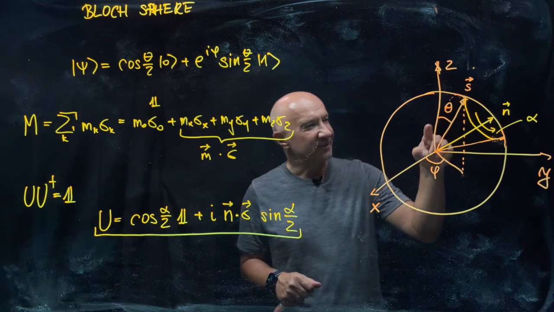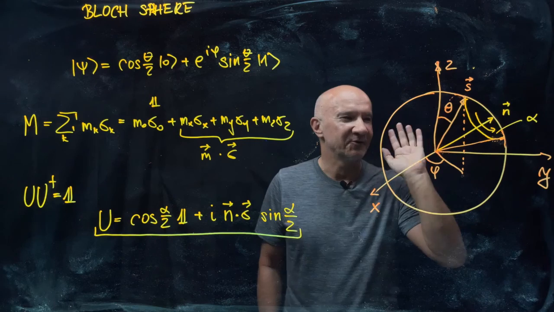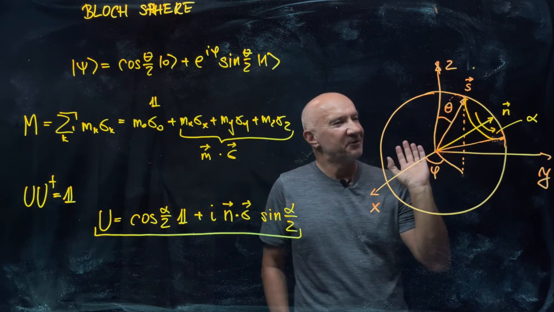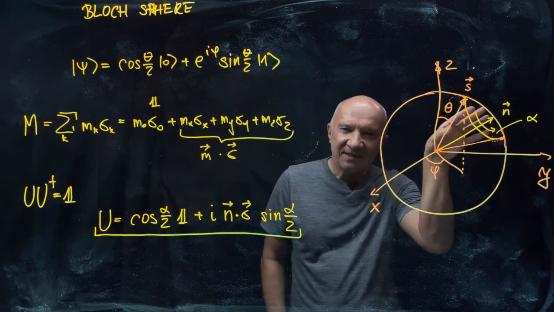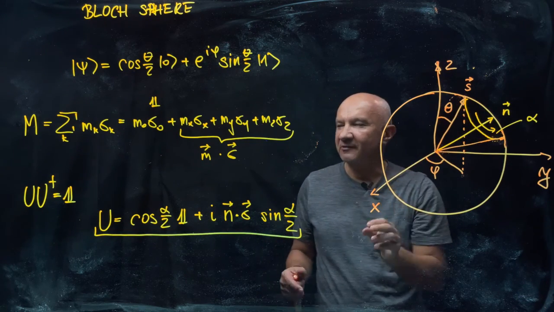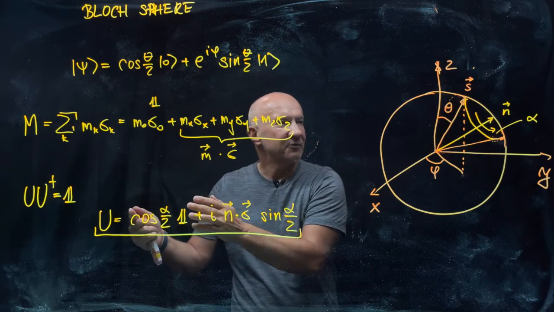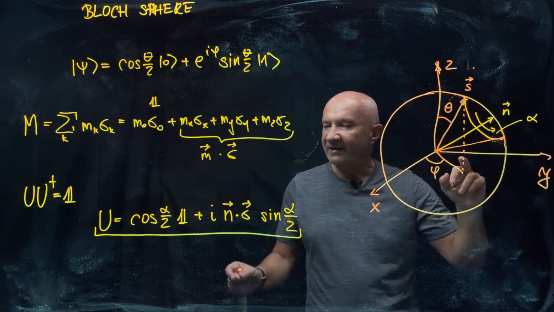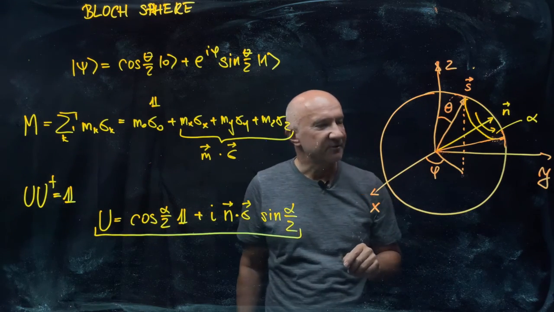Every single time I tried, it became kind of a potato. But anyway, this is my Bloch sphere. Then you have the Bloch vector, but now I'm going to put another vector on the Bloch sphere that is going to correspond to the unitary operator U. That's this vector n that I have here, a unit vector n pointing in some direction.